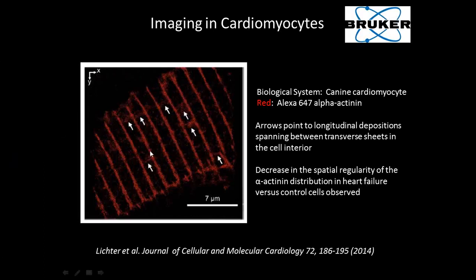What they saw was a decrease in the periodicity or the regularity of the alpha-actinin, and also these little longitudinal depositions in between the actinin fibers. And this has also been recently published in the Journal of Molecular and Cellular Cardiology.